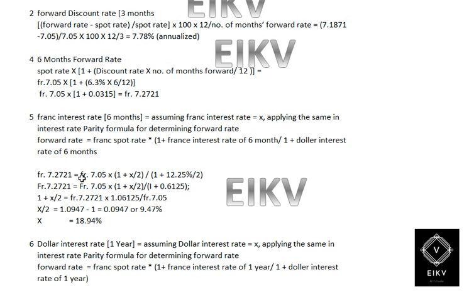It would be 7.2721 equals 7.05 into 1 plus X divided by 2, divided by 1 plus 12.25 divided by 2, and by solving the equation we will get X as 18.94.